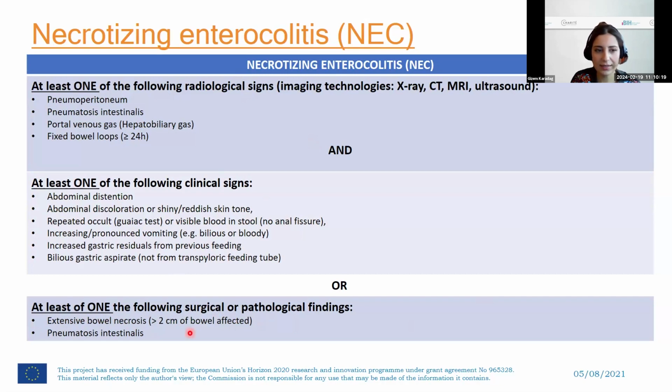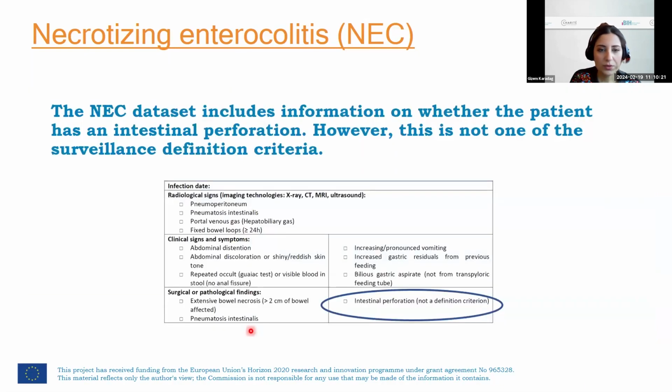So this is a screenshot of our NEC datasheet. I would like to quickly show this section under the surgical and pathologic findings. You'll see, in addition to these two criteria, we have intestinal perforation.